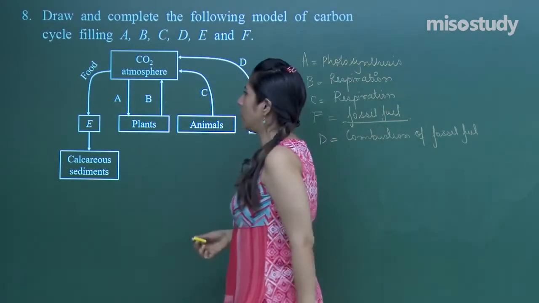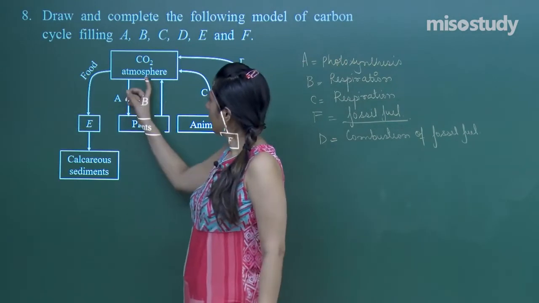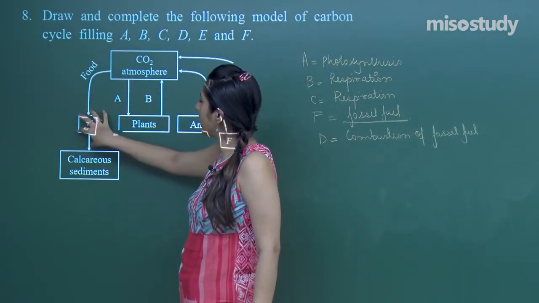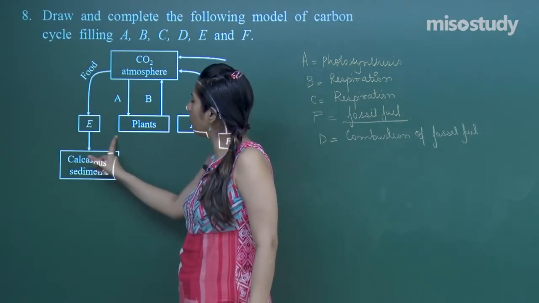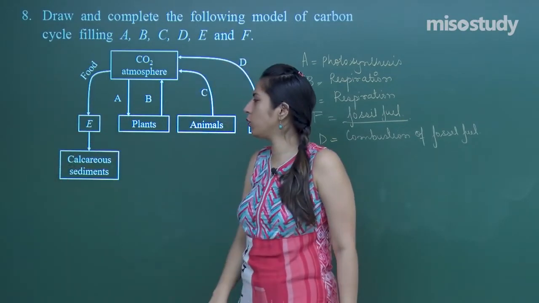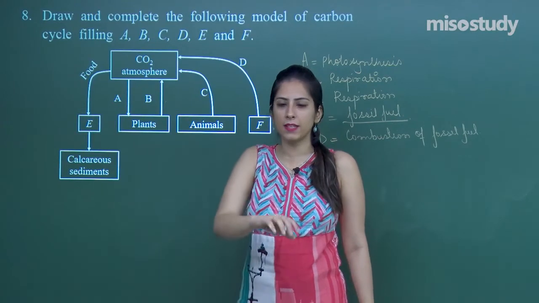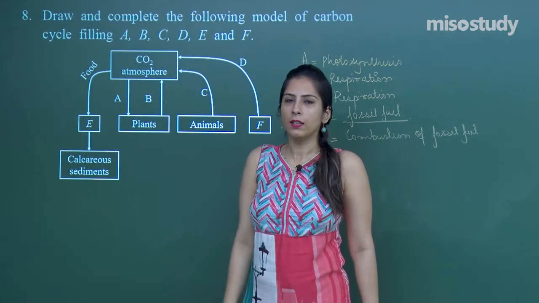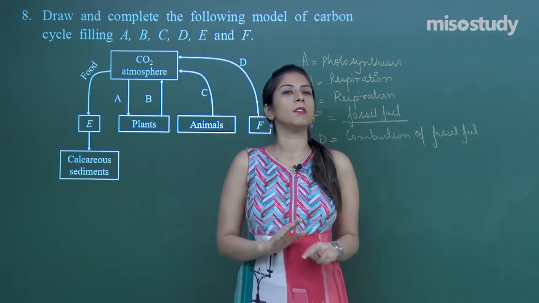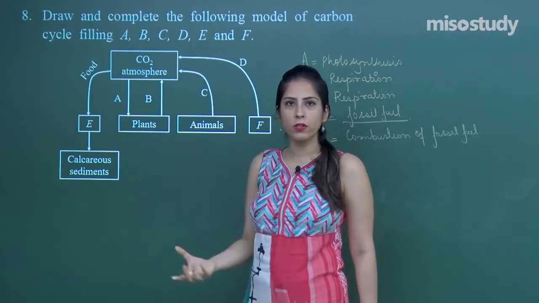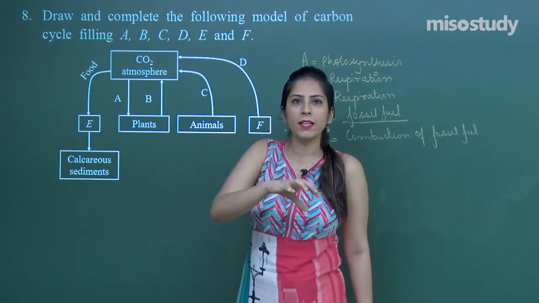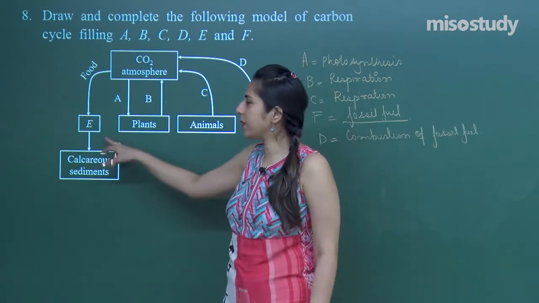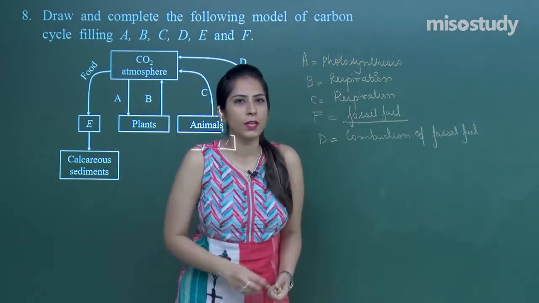Right. Now, from the atmosphere, this carbon dioxide is entering somewhere. Later on, some deposition happens due to which calcareous sediments are deposited. Now, what do you mean by E over here? Carbon dioxide is not only taken by the plants, it is also taken up by certain green organisms present in the ocean. The phytoplanktons are there. That means they are referring to the aquatic food chain.